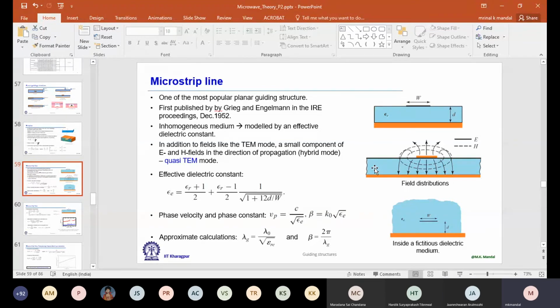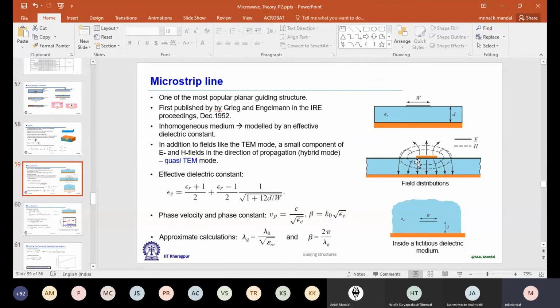Sir, could you repeat why TE mode has a problem in the microstrip line? No, not TE, TM. Here, if we have two field components which are perpendicular to each other, then one can't excite the other because it has no component in that direction.